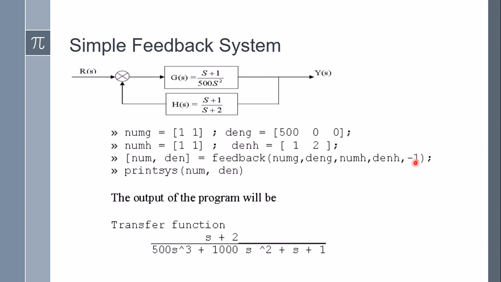The value is 1 for positive feedback and -1 for negative feedback. Once you execute this, you will get the output of the system like this. Now this feedback command can be used only for a simple feedback system like this. Now if you have multiple feedback systems, then in that case how is it considered?